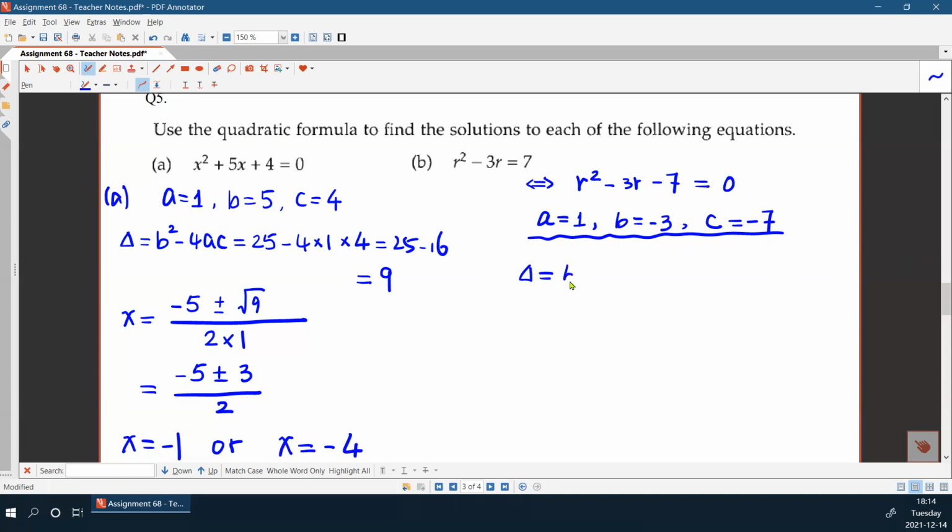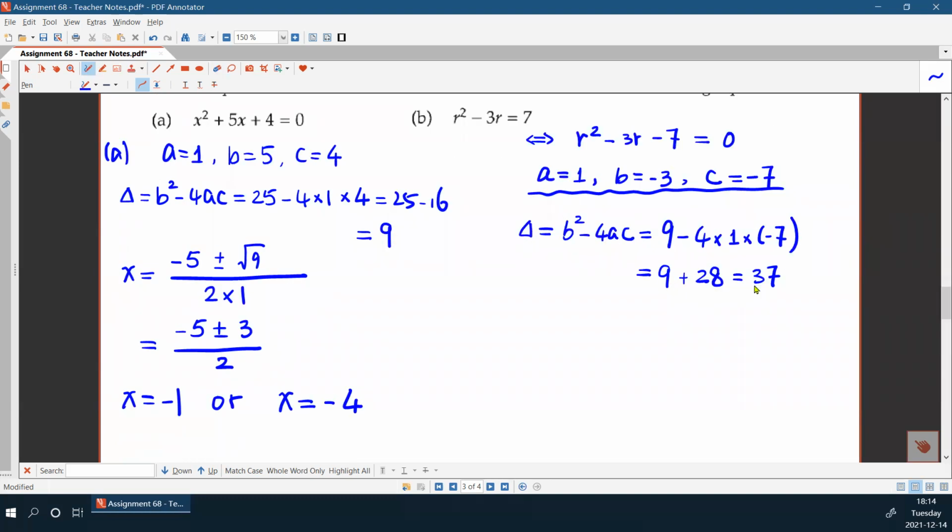Delta is b squared minus 4ac. Remember that? b squared is 9, minus 4 times a, which is 1, times c, which is minus 7. So this is 9 plus 28, which is 37. So delta is a positive number. That means we should have 2 different real roots. Understand?